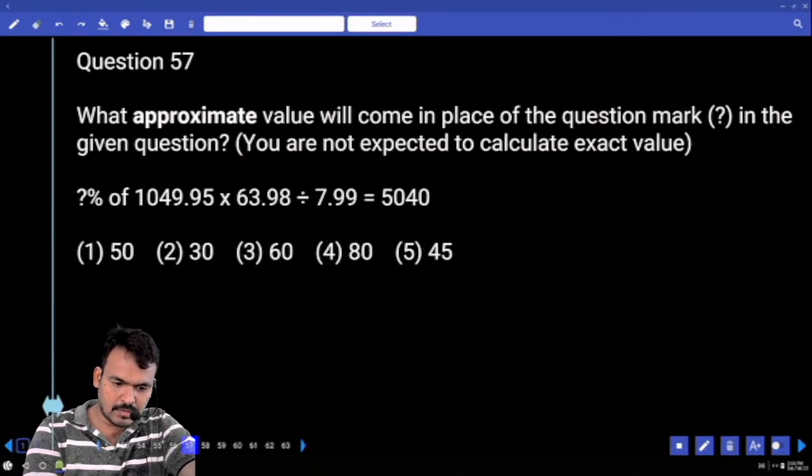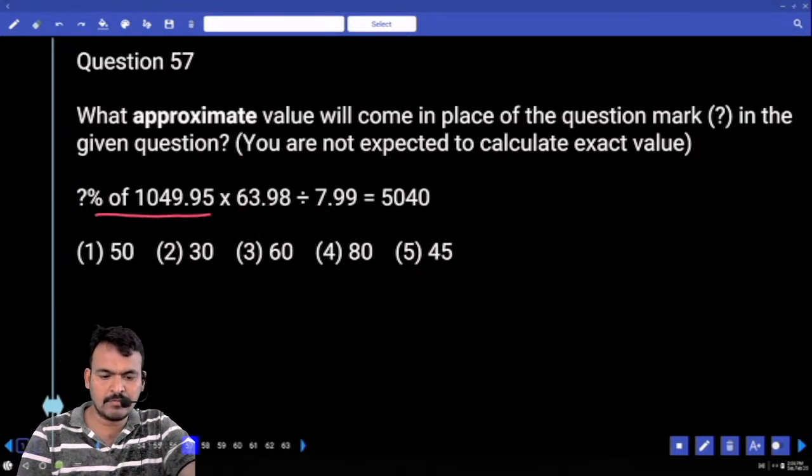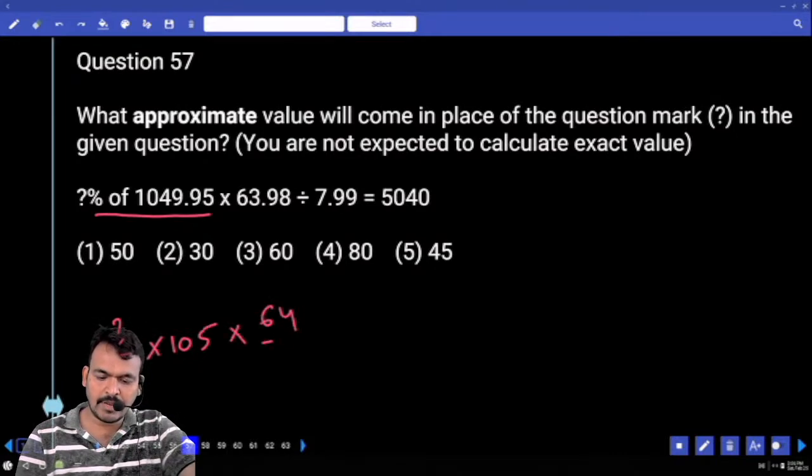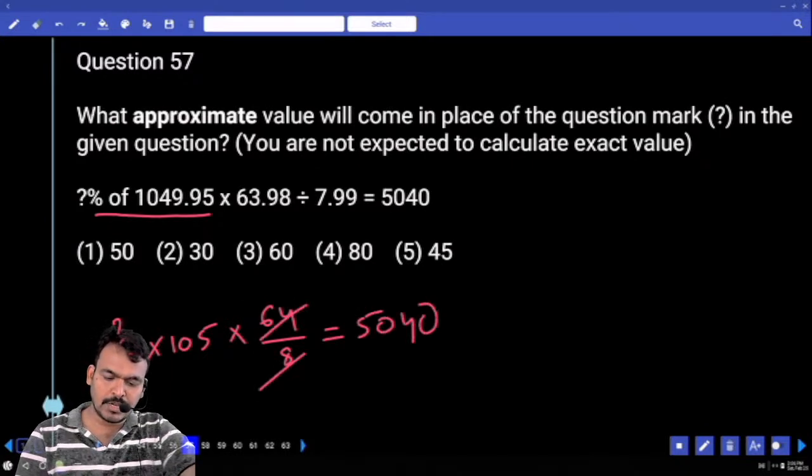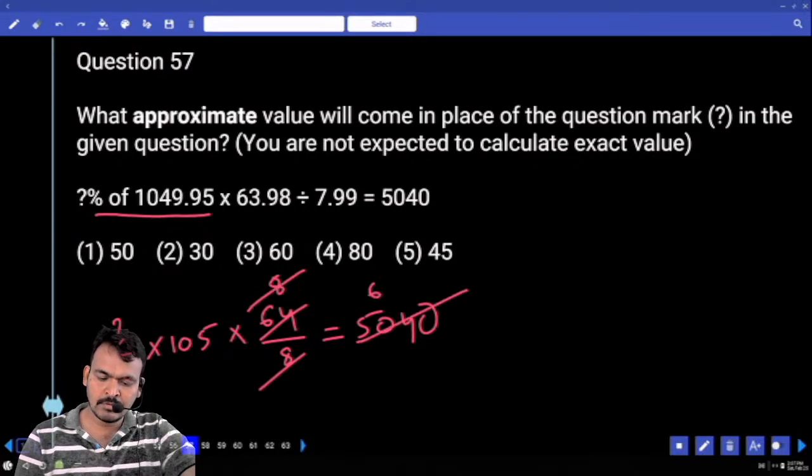Next question number 57. First priority is what percent of 1050? This one we written something by 10 into how much value? 105 into 64 divided by 8. That is equal to how much? 5040. 8 almost how many times? 8 times. 8 6 how much? 48.